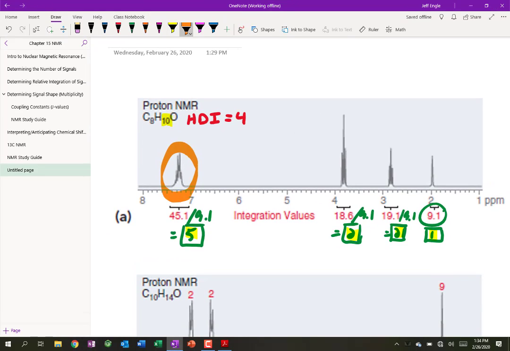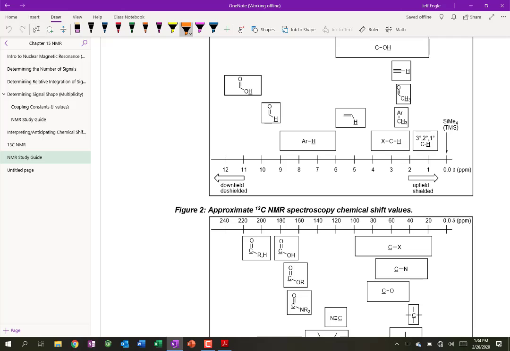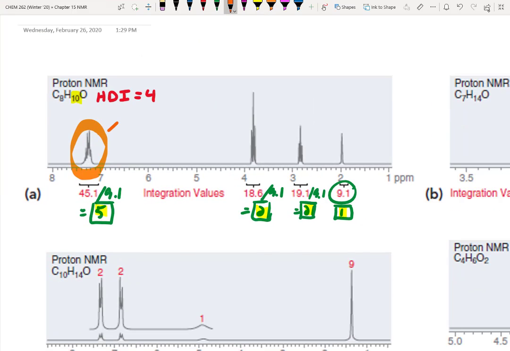Well, if you're really stuck, you can go to your handy dandy cheat sheet. You can say, all right, around 7, that's probably going to be my aromatic protons. All right, so let's go back and make a note in here that this is going to be an aromatic proton, and we know that there are 5 of them.